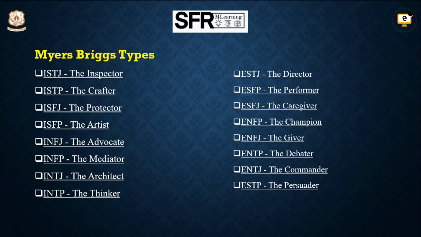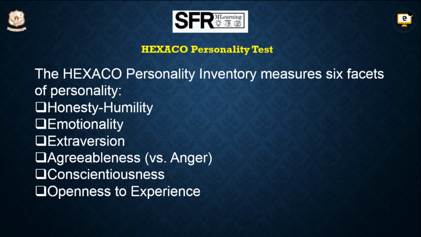Okay, next we will go to the HEXACO personality inventory, which measures 6 areas of personality. The first is honesty-humility. H stands for honesty.